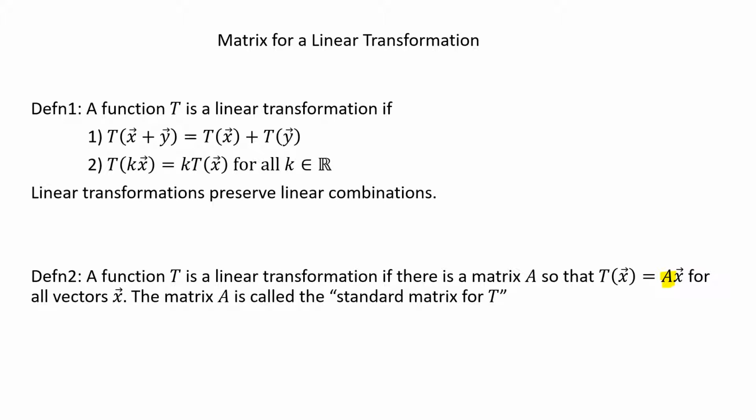So given the input vector x, to find our output, we calculate A times x. Such functions are called linear transformations. So in the example, f of x equals 3x, here we have just a little 1-by-1 matrix, which is equal to 3.